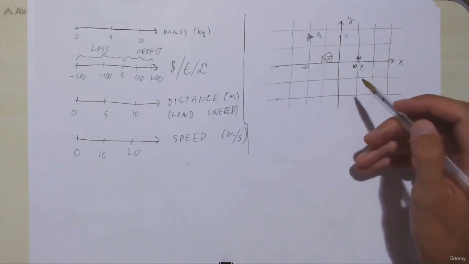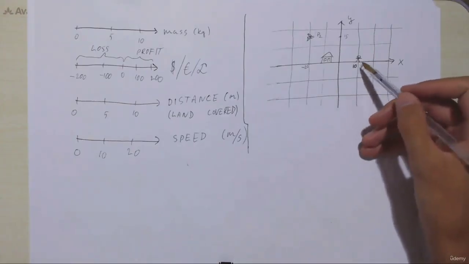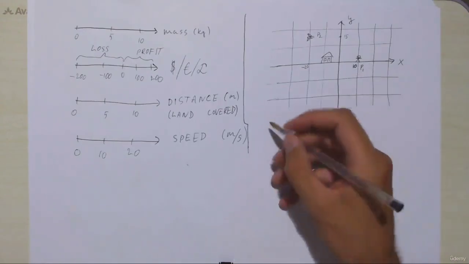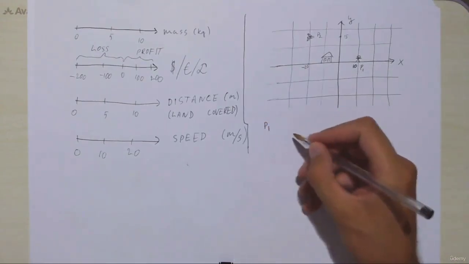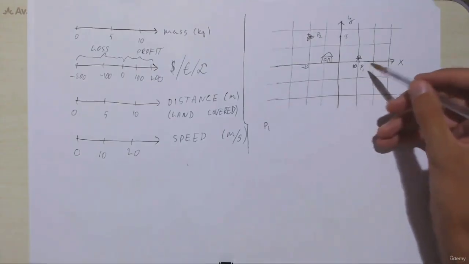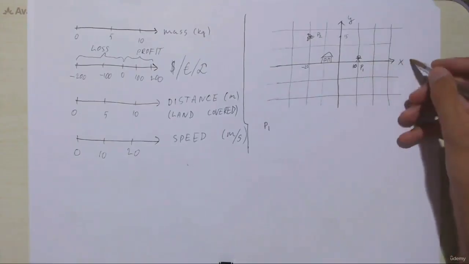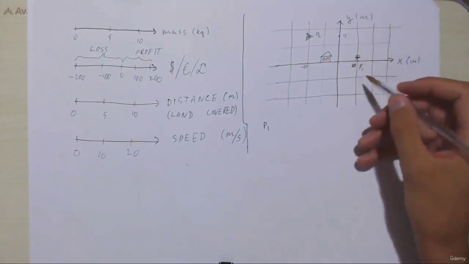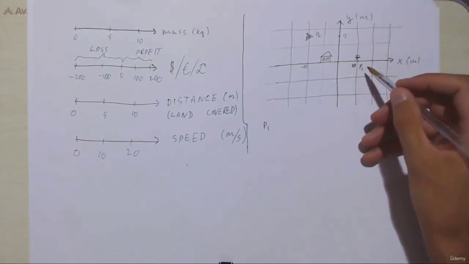So in order to measure the position of this guy here, or girl, we would say something like this. P1. Okay, we know that this person is 10 meters, and we measure it in meters, in the X direction.